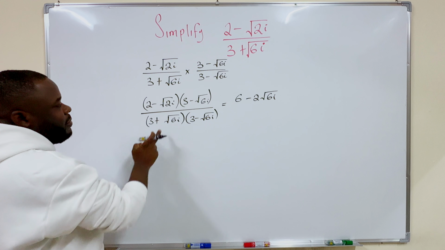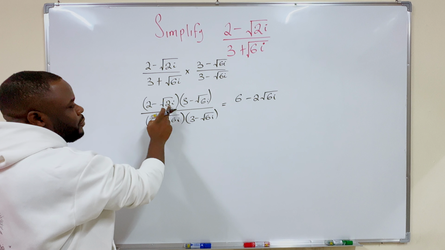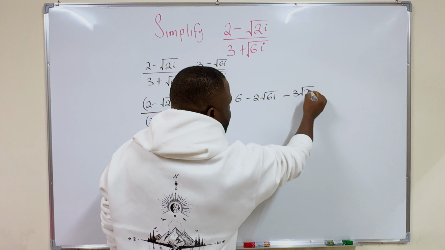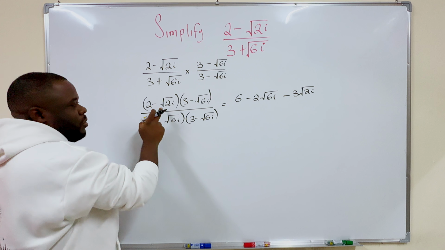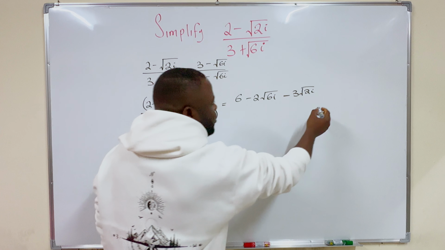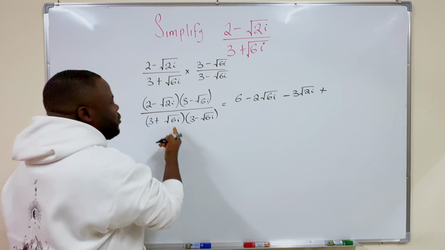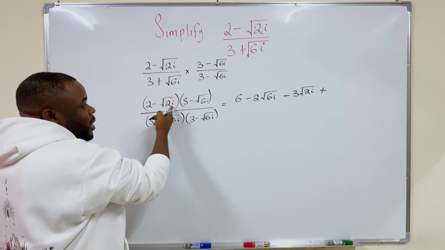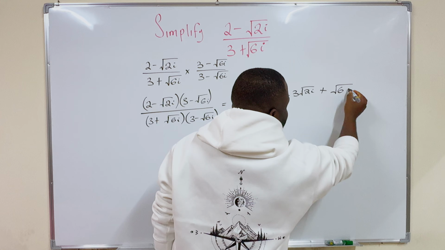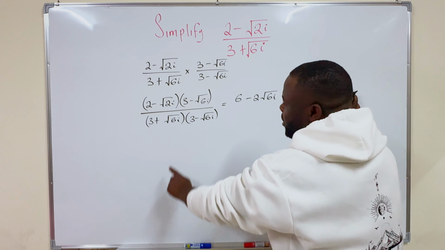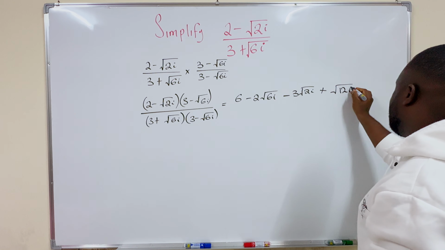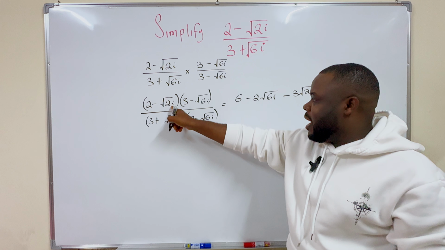Then we also have negative square root of 2i multiplied by 3, which gives us negative 3 square root of 2i. Then we multiply negative square root of 2i by negative square root of 6i, and negative times negative is going to give you positive. So you say square root of 2 times square root of 6 is square root of 12, times i squared, because we have i and i here.